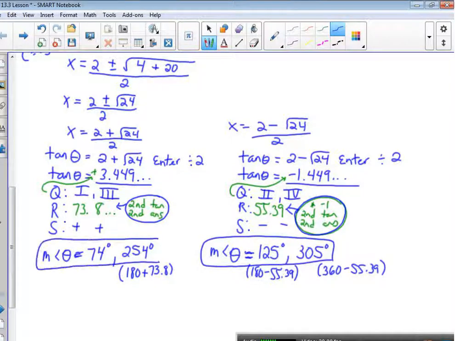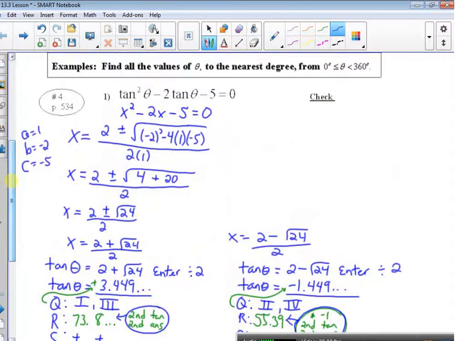Now, at the top it says to do a check. So we're going to do y1 equals tan x squared, I think it's going to look like that, minus 2 tan x minus 5. y2 equals 0.